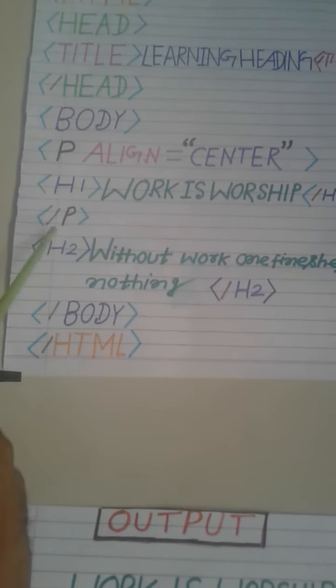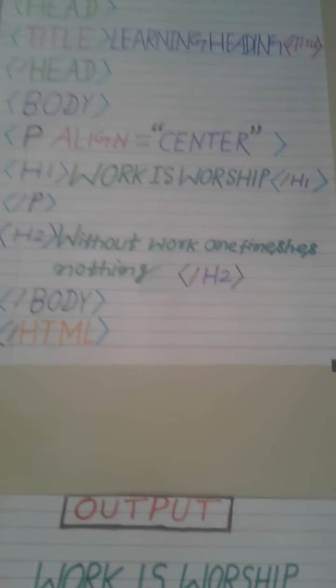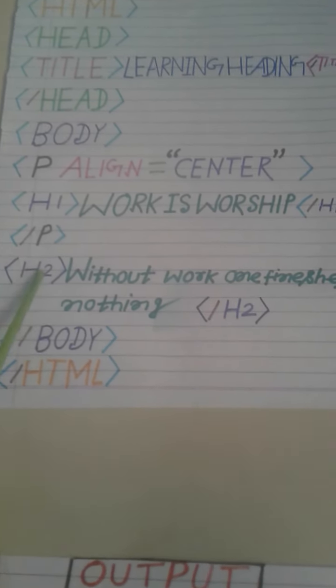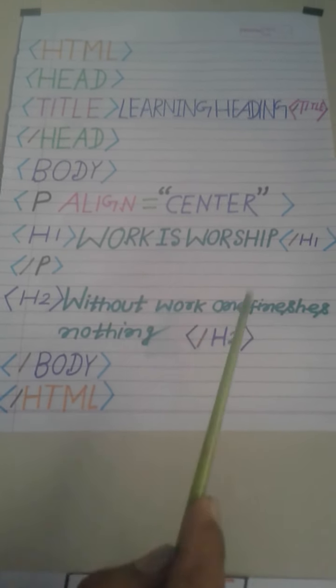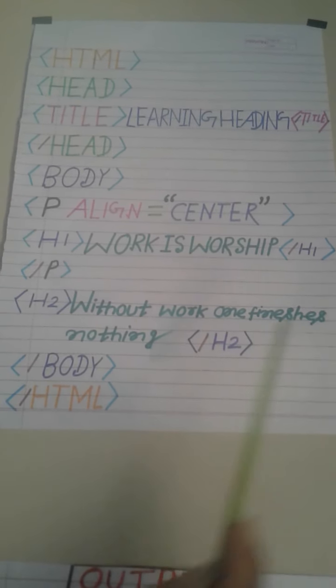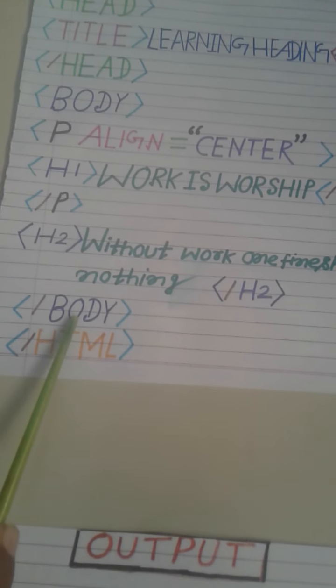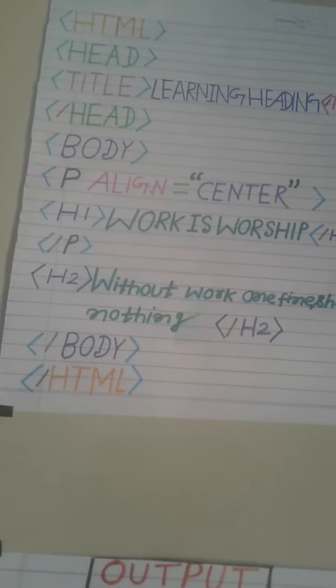Now we close the P tag, that is the paragraph tag. And here we use another heading tag, that is H2, and we type the text without work, one finishes nothing. Now we close the body tag, and finally we close the HTML tag and see the output.